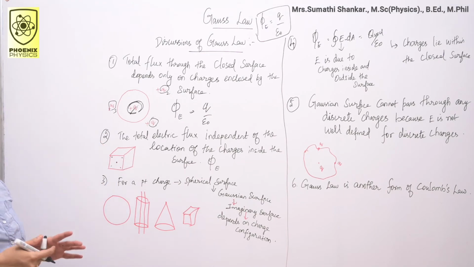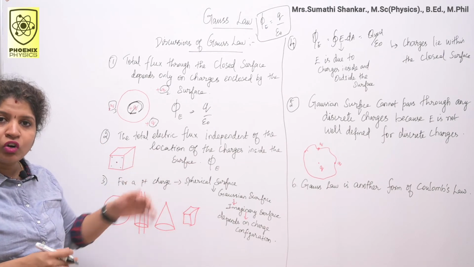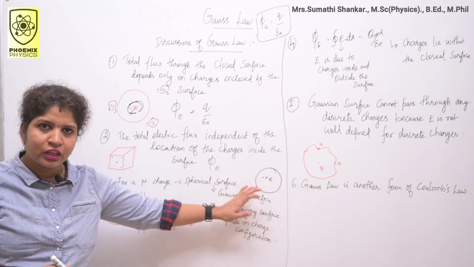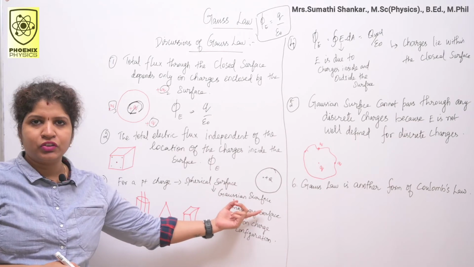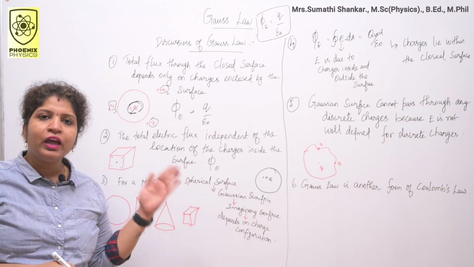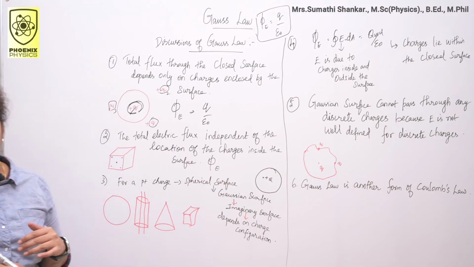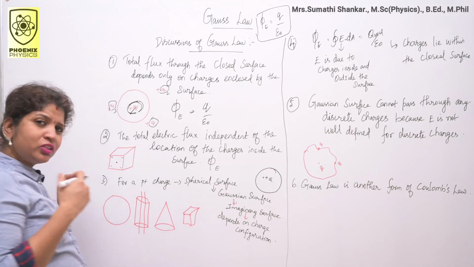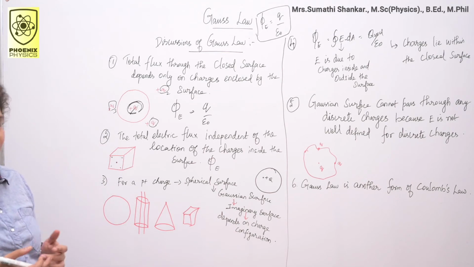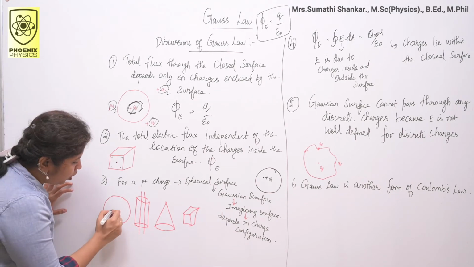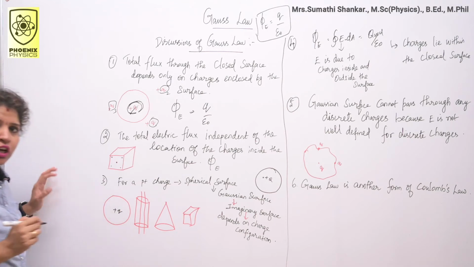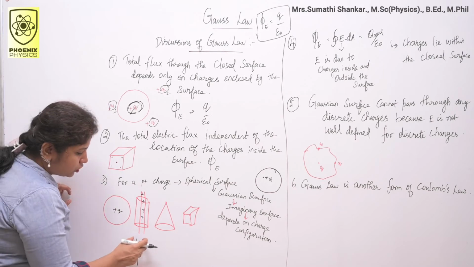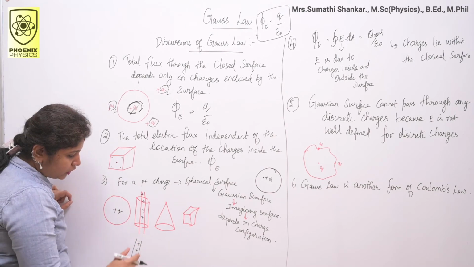Then third point, for a point charge, we have drawn a spherical surface. This spherical surface is known as Gaussian surface. It is purely an imaginary surface. It depends only on the charge configuration. What is charge configuration? Suppose I have a point charge, say plus q charge alone, you can choose a spherical surface. This is one wire-like structure.